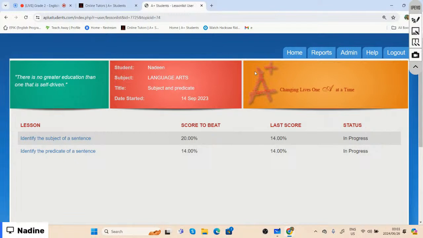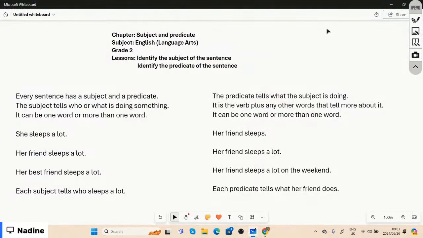All right. So our chapter is subject and predicate. Our subject is English Language Arts, grade 2.